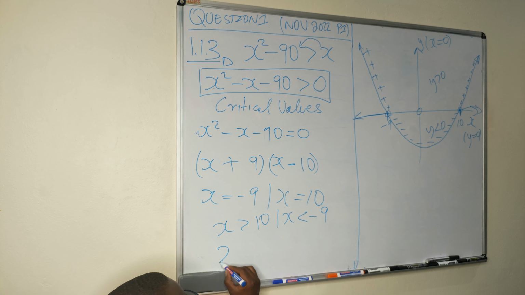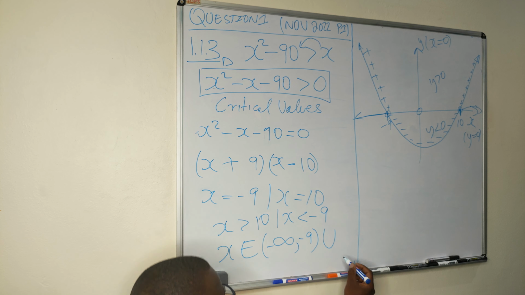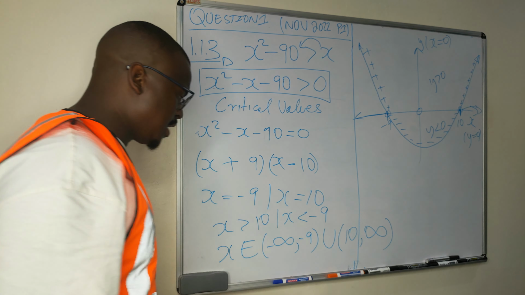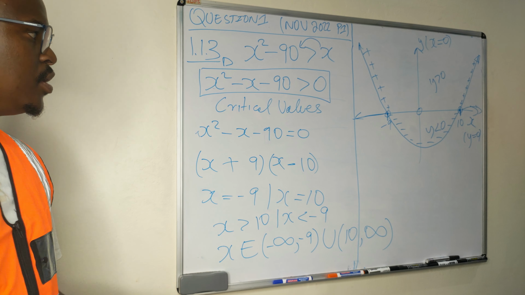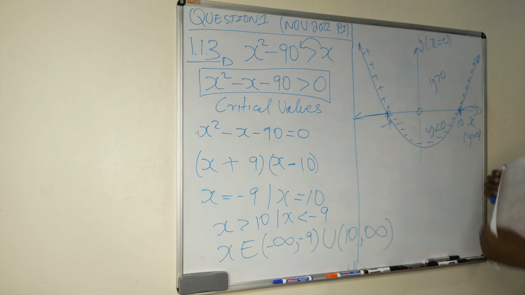Or you can write it x is an element of minus infinity to minus 9, right? Union what? 10 to infinity. This is how this looks like, which means you're just taking the union of this set and that set, you're just putting them together.